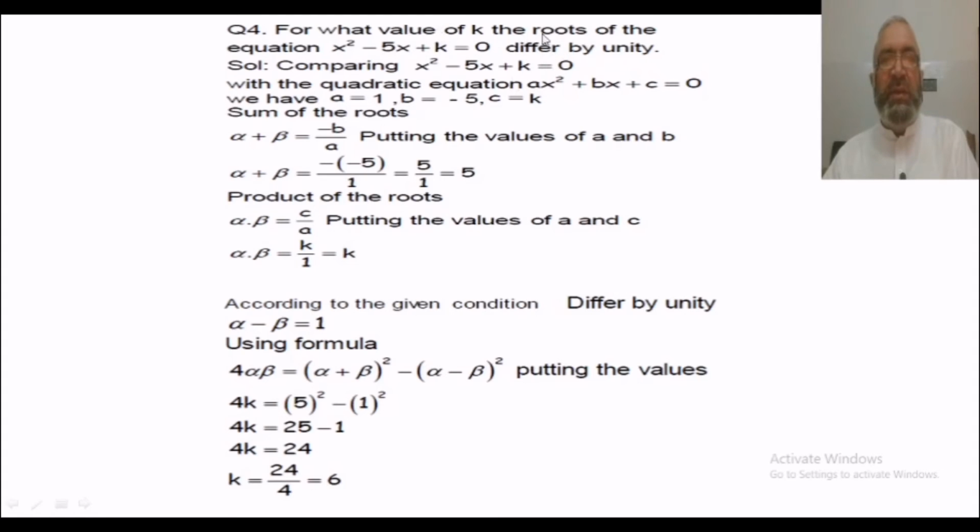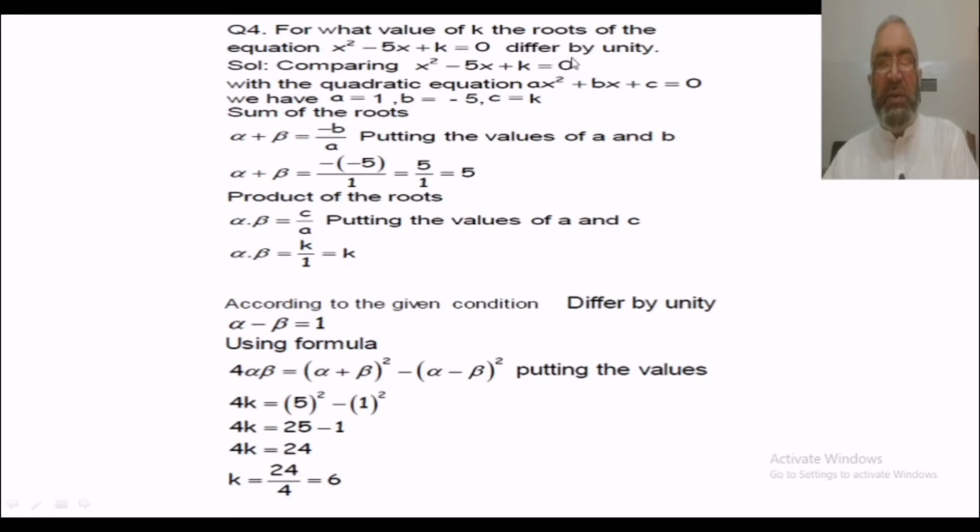the value k such that the roots of the equation differ by unity. It means if we take one root alpha, we will take the second root alpha plus 1. There should be a difference of 1 only.